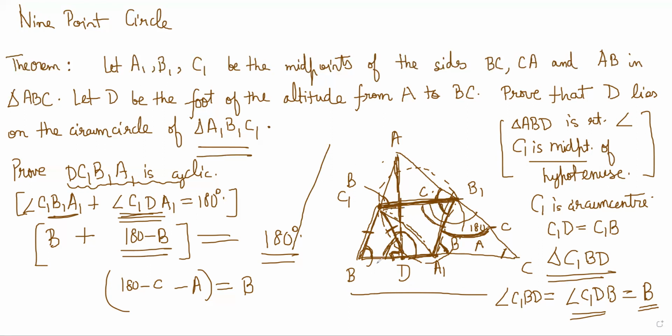This is parallel to this, and this is parallel to this. So if it's a parallelogram, then opposite angles are equal. This angle is equal to this angle. So finally, we get that this plus this is 180.